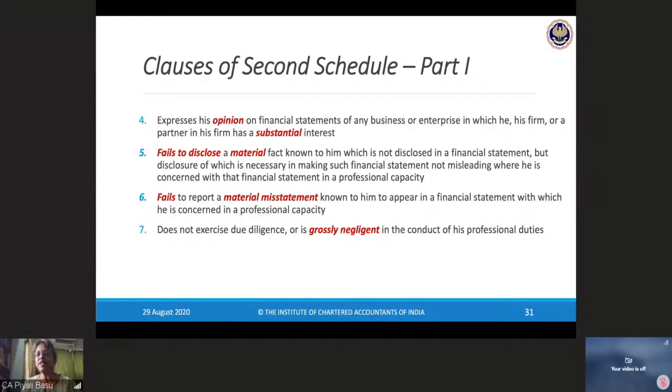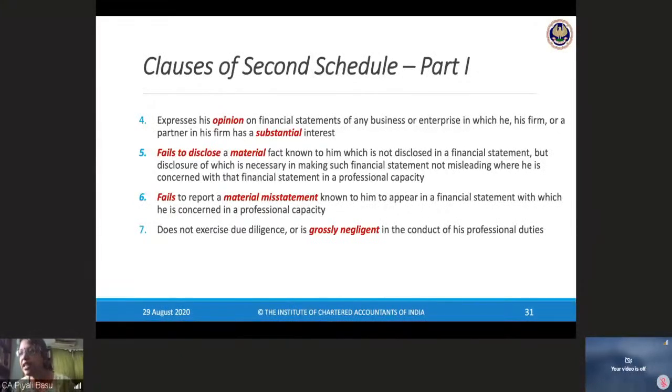Yes, that fund has not been created, or a loan has been taken by a company from its PF fund. Those things have not been disclosed. So there is some gap in reading the financial statement.